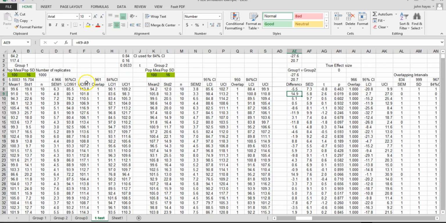So even though we're sampling from distributions with a mean of 100, where the null hypothesis is actually true, we are making a mistake here. We are rejecting the null hypothesis. This is our type 1 error. It has rejected the null hypothesis when the null hypothesis is true.